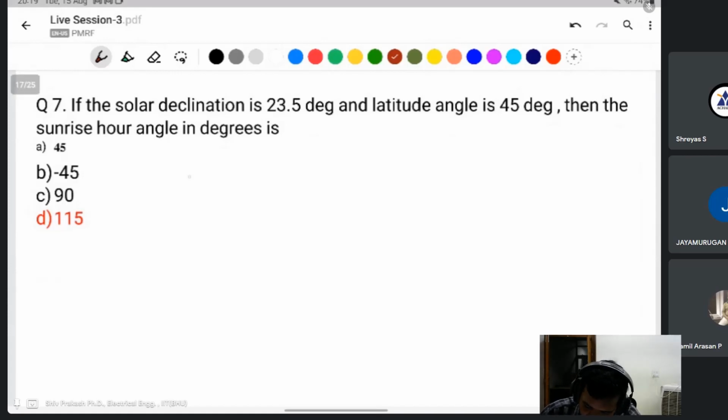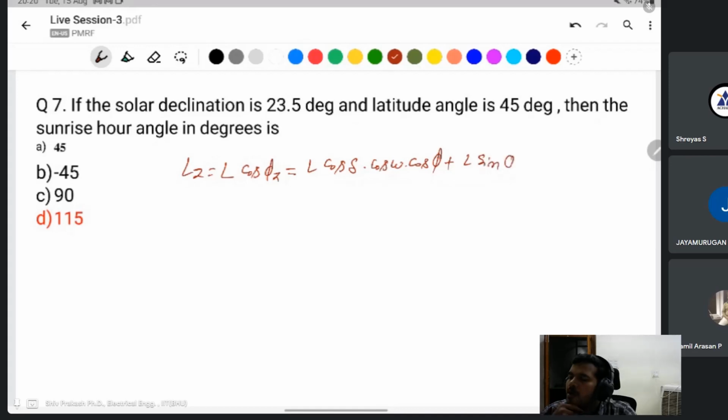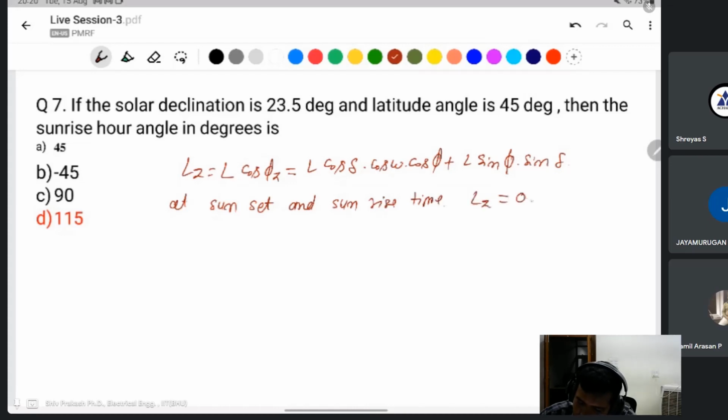At sunrise and sunset, the zenith angle: cos phi z is equal to cos del into cos omega into cos phi plus sin phi sin del. At sunset and sunrise, phi z will be 0.